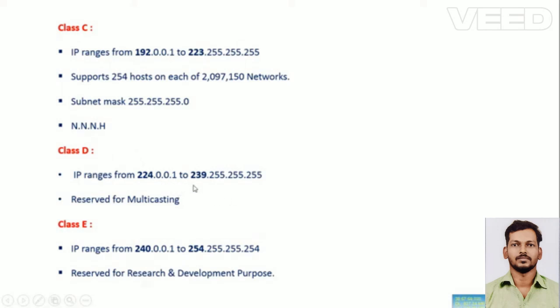The first 3 classes, class A, class B and class C, are used for connecting your device to the internet, whereas class D is reserved for multicasting, and class E, the range from 240.0.0.1 to 254.255.255.254, is used for research and development purposes. That is, class D and class E are reserved IPs.